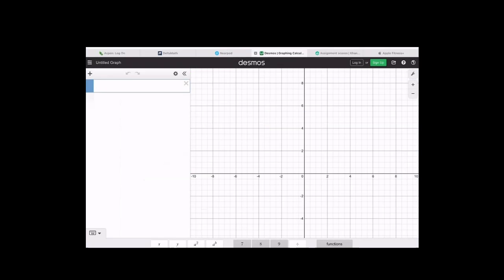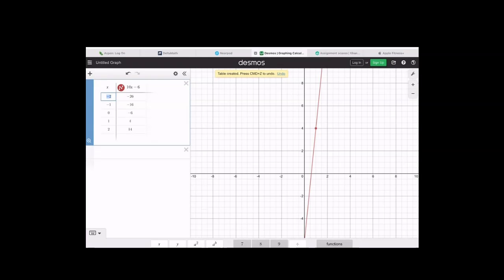You can do this over here with your calculator, and you can say y equals 10x minus 6. We can go down here and we can change this to a table.